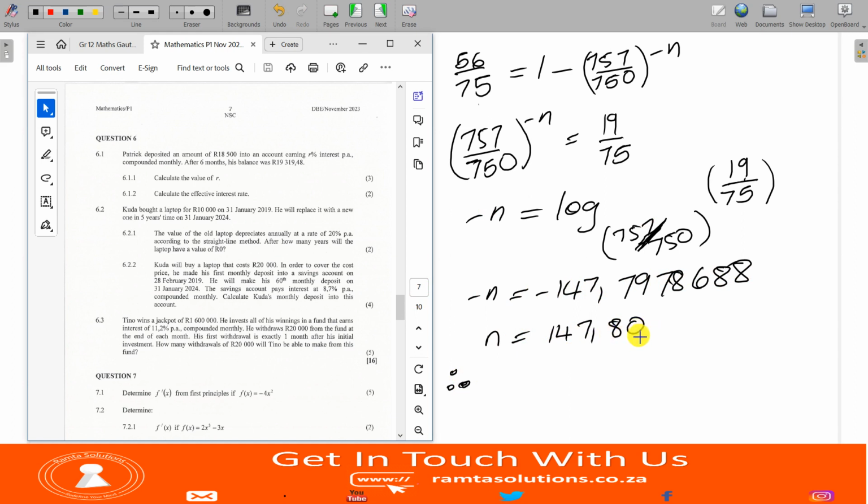Therefore, I want you guys to pay attention. These decimals are saying that basically Tino will have about 148 withdrawals. However, the 148th withdrawal is going to be less than 20,000. Now, this question is asking how many withdrawals of 20,000 Tino will be able to make.